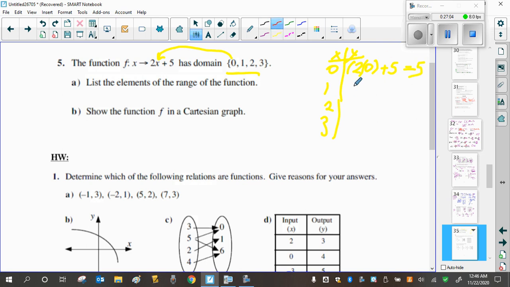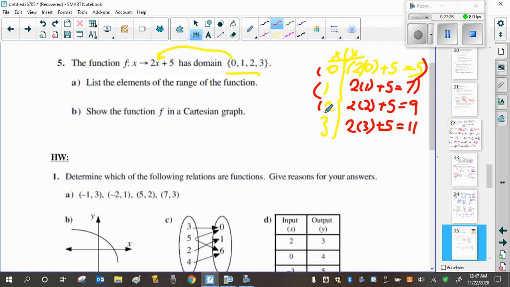And then this is 2 times 1 plus 5. That equals 7. This is 2 times 2 plus 5, which is 9. And this is going to be 11, 2 times 3 plus 5. So there's our ordered pairs: 0, 5; 1, 7; 2, 9; 3, 11.